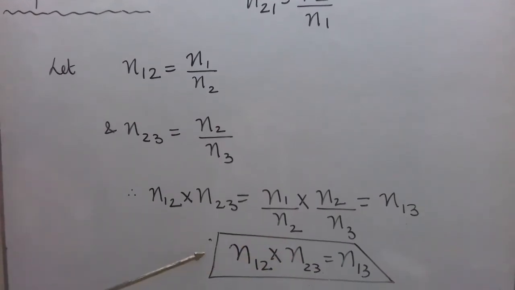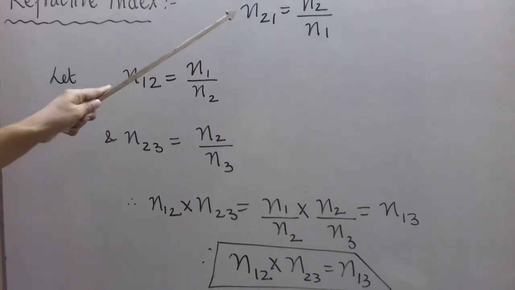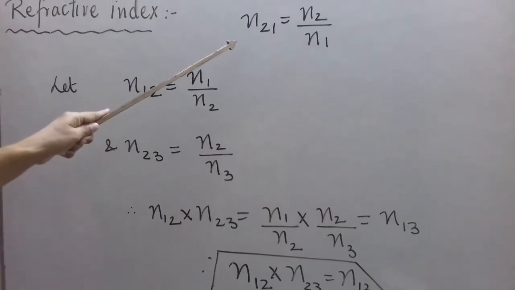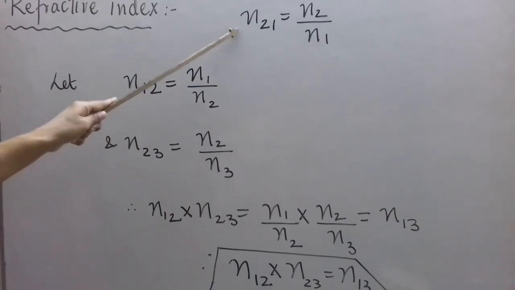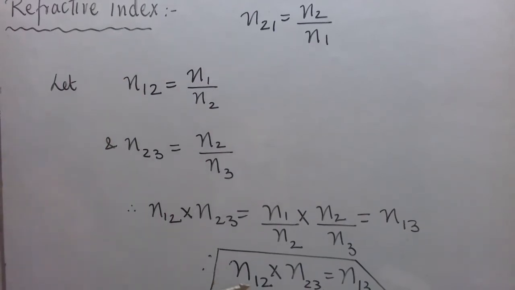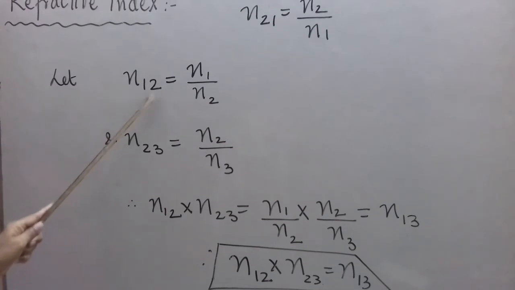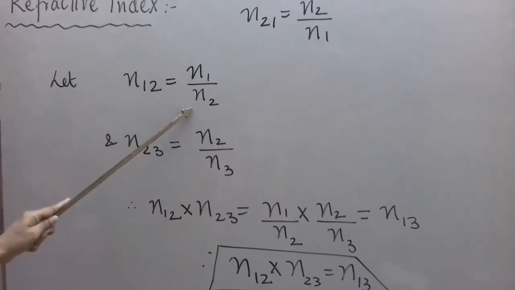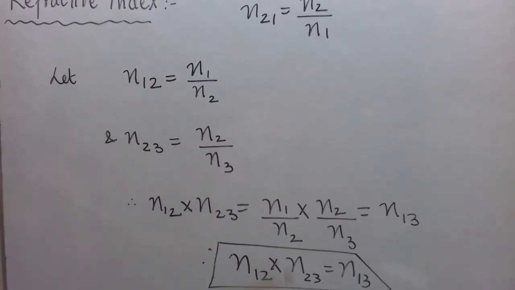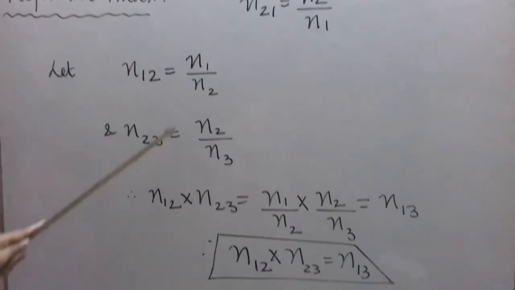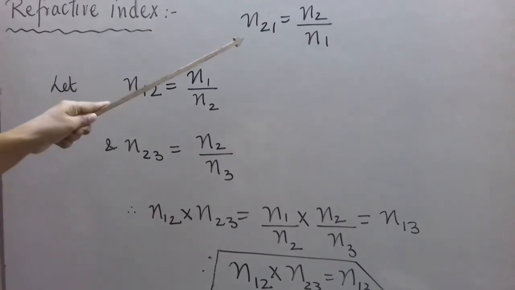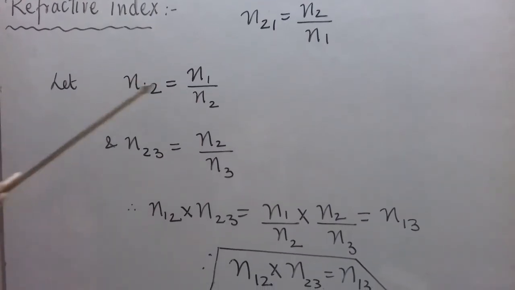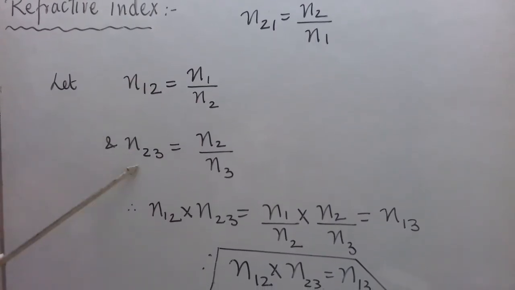Let us see if we can prove it. We know this is the formula that we had derived earlier, that N21 is N2 upon N1. So using this, N12 is N1 upon N2, and N23 is N2 upon N3. I have just used that expression to write the formula for N12 and N23.